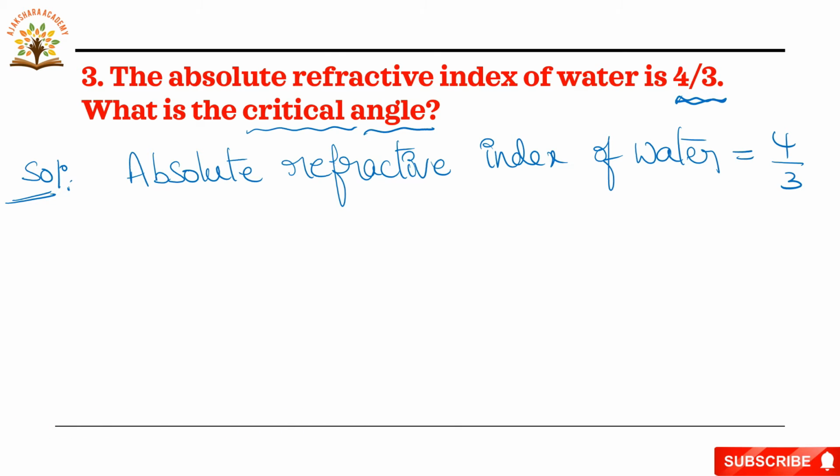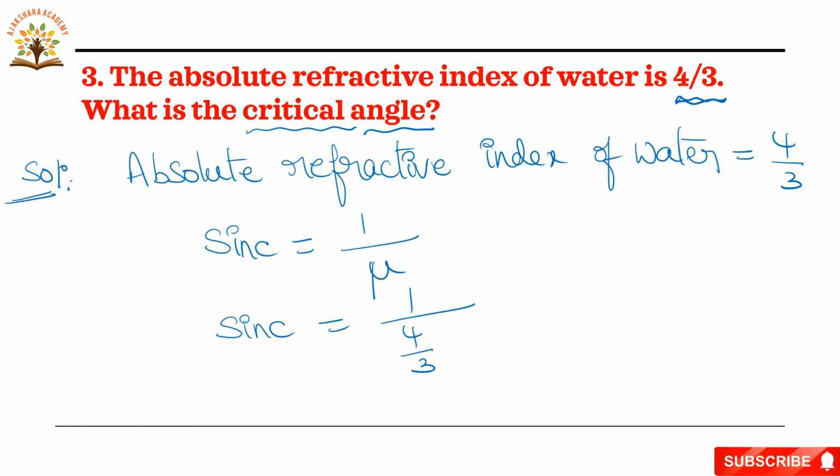The relation between critical angle and the refractive index is sin C is equal to 1 by mu. Mu is nothing but the refractive index. So, sin C is equal to 1 by 4 by 3.